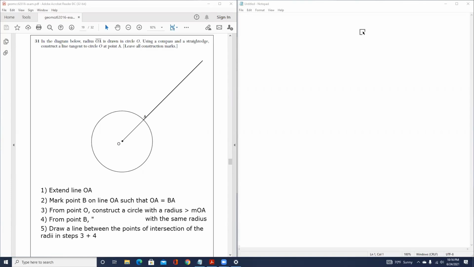Actually, I'll use different colors for the different steps. The next step is going to be blue. From point O, construct a circle with a radius of any distance greater than OA.